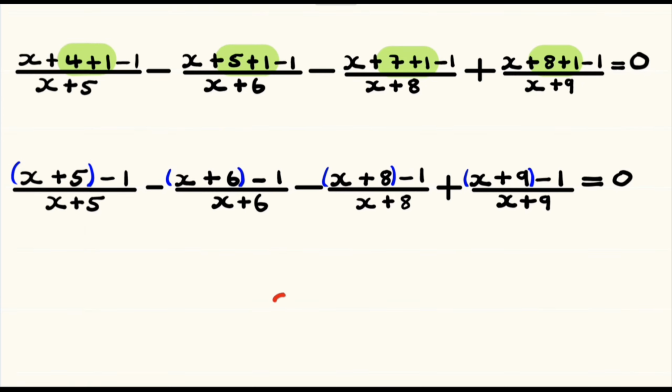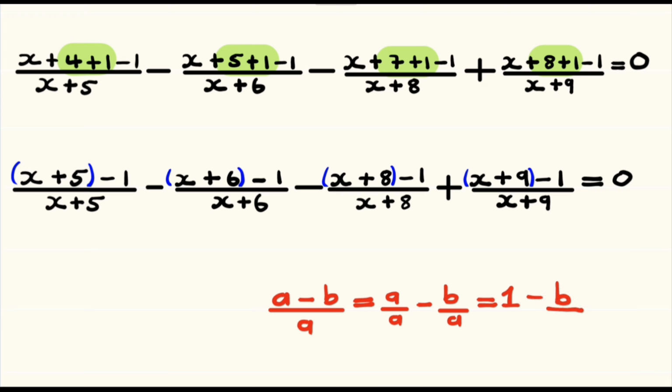And now suppose that we had a minus b divided by a. This can be expressed as a divided by a minus b divided by a. And a divided by a is equal to 1. And we have minus b divided by a. Our fractional equation has been arranged in the same way.